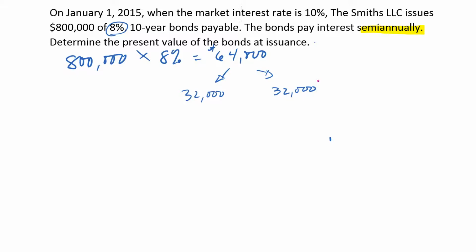And that's how the semi-annual works. Okay, so we know that we have that cash flow. That each time the company pays interest, it's going to be $32,000.